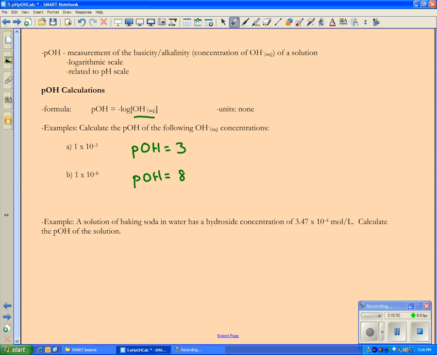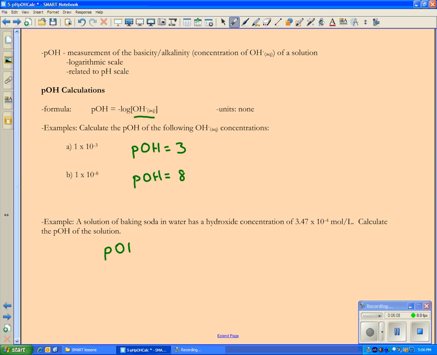In this example, we have a concentration of hydroxide ions of 3.47 times 10 to the minus 4 moles per liter from a solution of baking soda. To calculate the pOH, we want to take our formula from above and just substitute in that concentration.